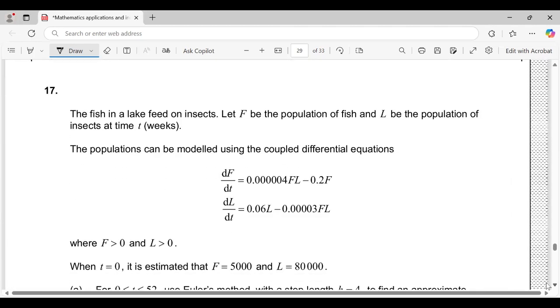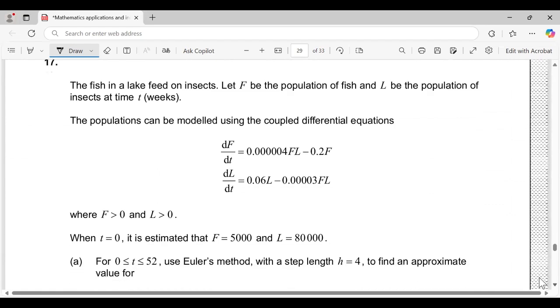The fish in a lake feed on insects. Let F be the population of fish and L be the population of insects at time t in weeks. The population can be modeled using the coupled differential equations, this one and this one, where F greater than 0 and L greater than 0.